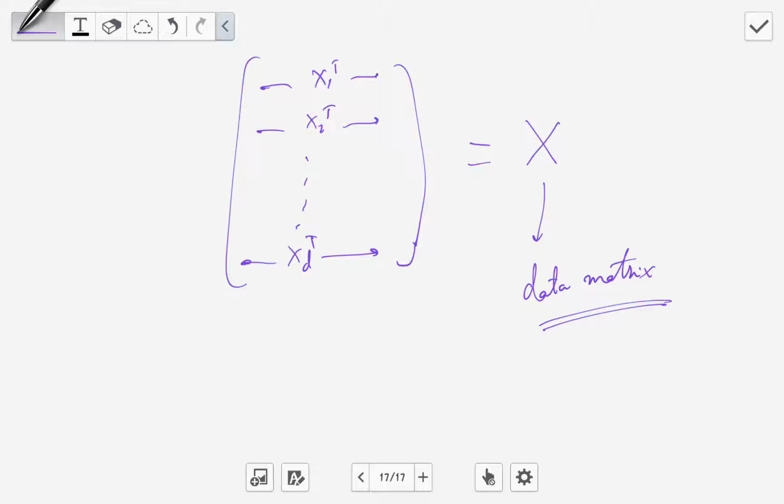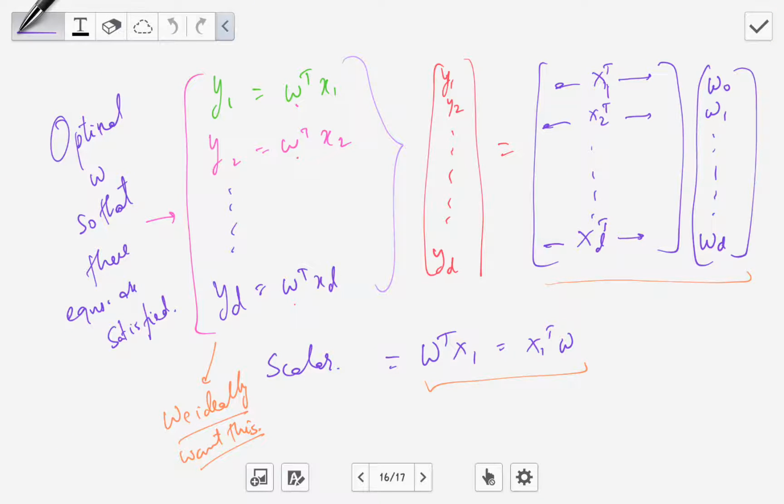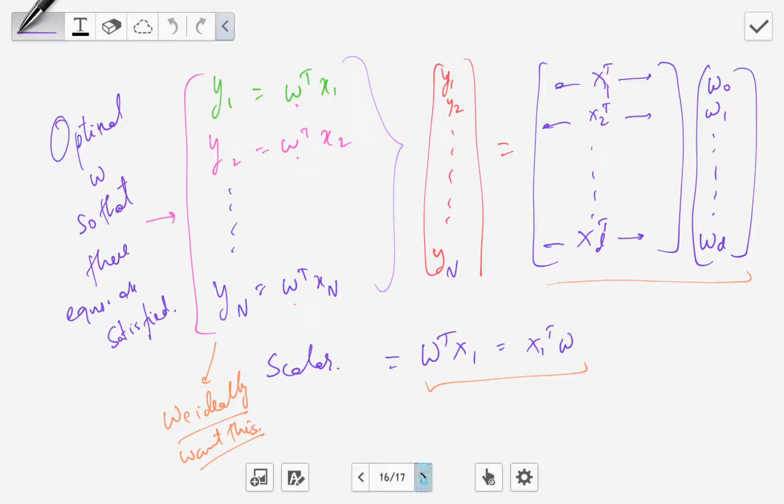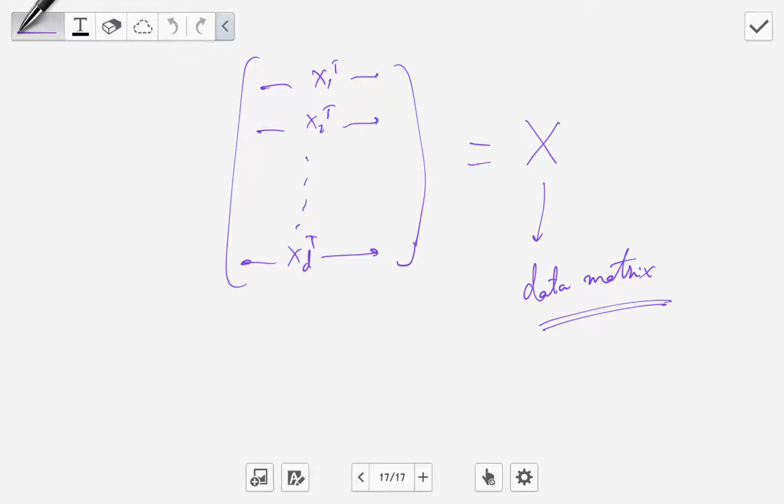Now, one more thing. It may not be D here. It may be N also. This is N actually, the number of samples of data that we have. It depends on the number of samples of data, so that would be xn here.